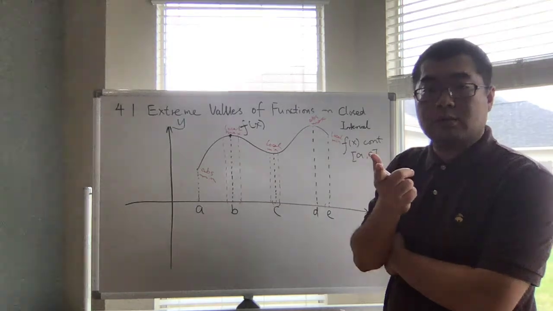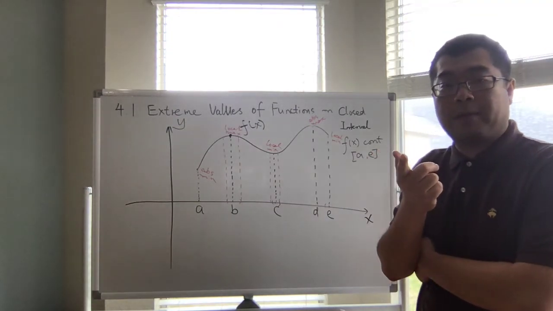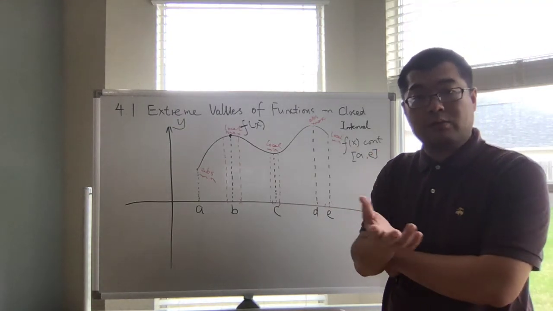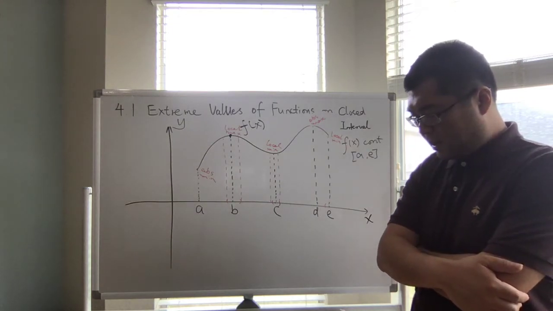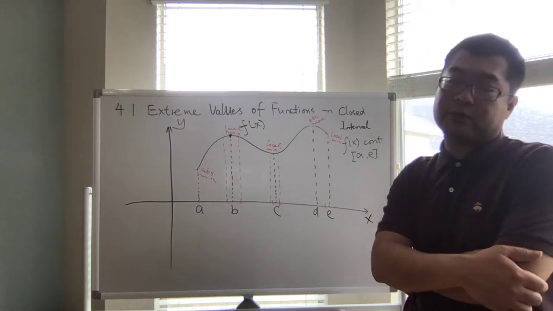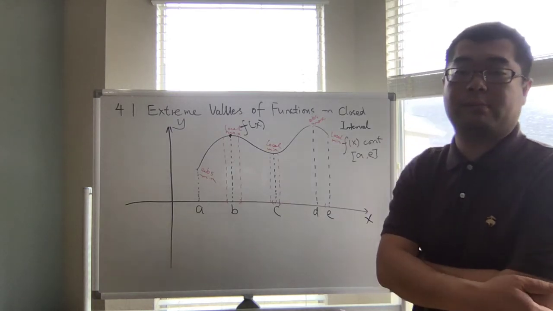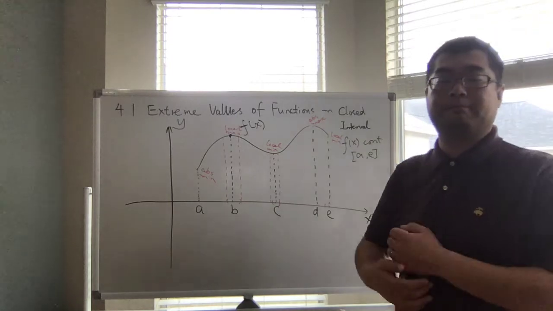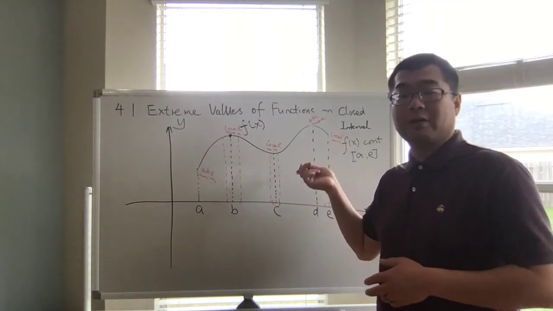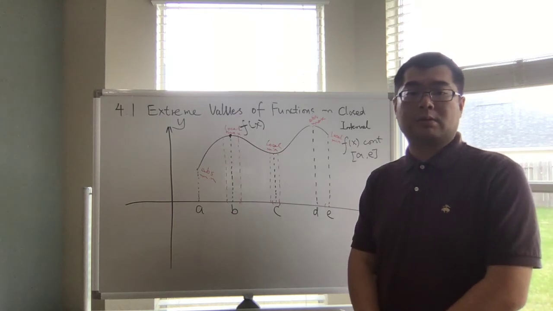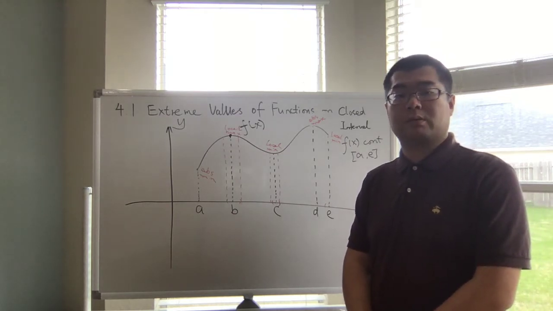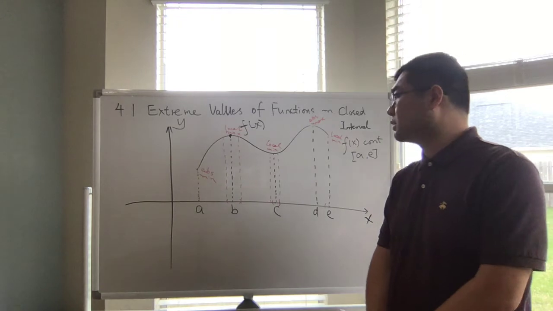Assume I have a function that is continuous on a closed interval, and I would like to know the absolute maximum and absolute minimum. Of course, I don't give you the corresponding graph. How do we find the extreme values? That's the main question here.